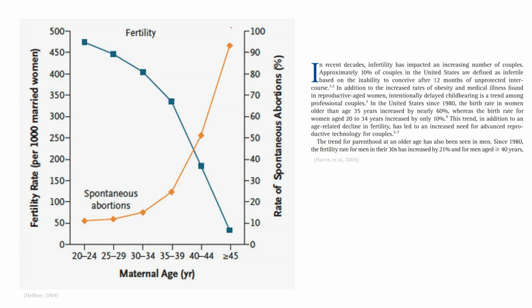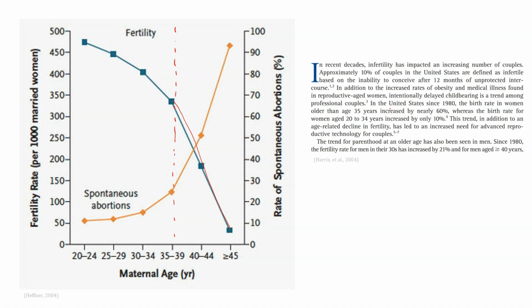So that would be like a miscarriage. And you can see right at about 35 is where the inflection point of the curve is. Once we get past about 35 into 39 years old, the number of pregnancies that are occurring is decreasing, and it's becoming more and more likely that those pregnancies would lead into a miscarriage.